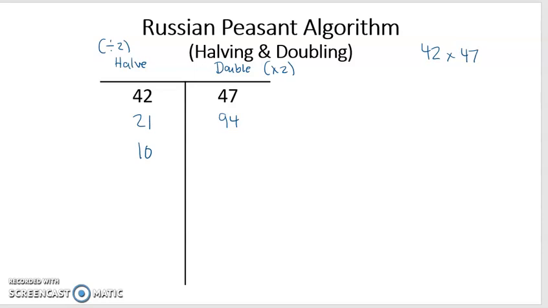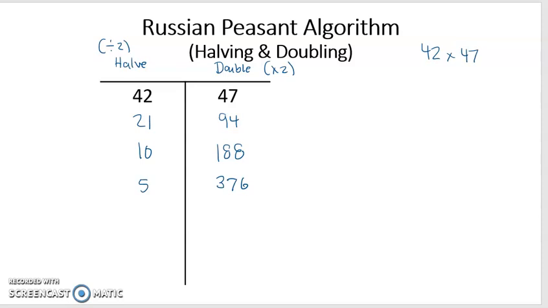94 times 2, again, you have to double this column. 94 times 2 is 188. The 10 becomes 5. When I double the next column, that's going to be 188 times 2. I need to just use my calculator. I think it's 376. Just double check. 376. Now we've got the 5.